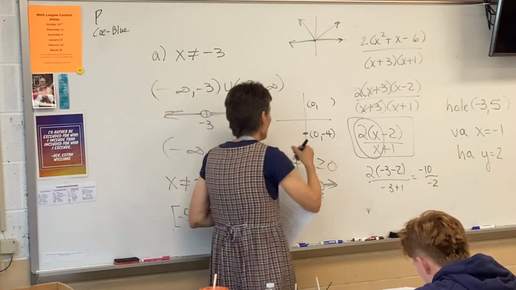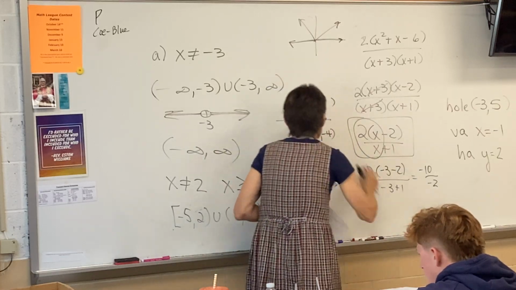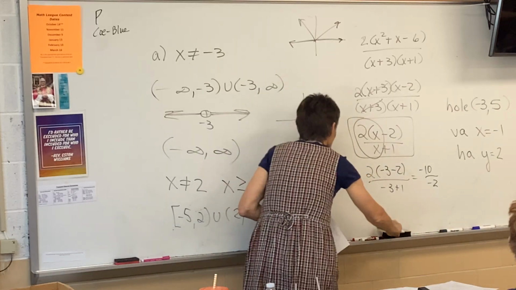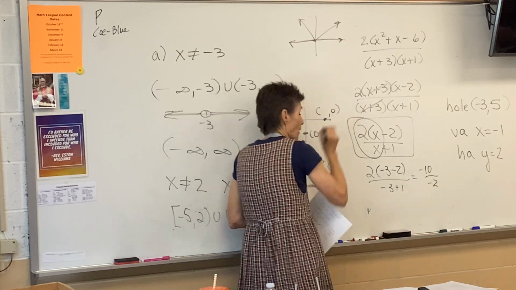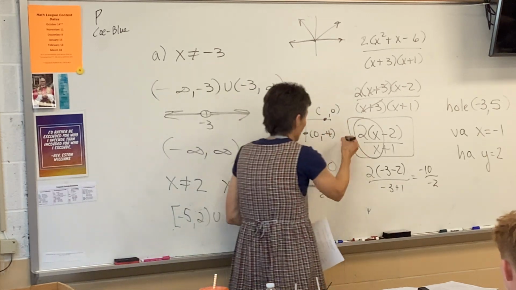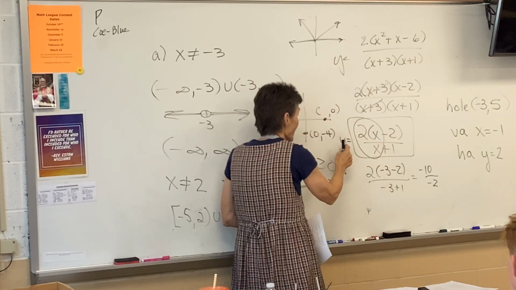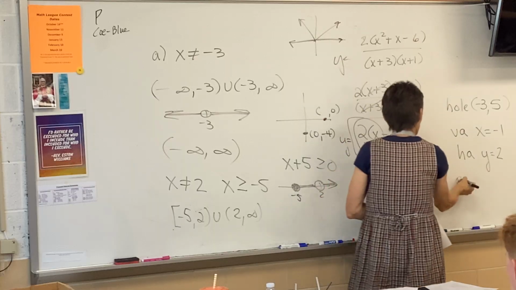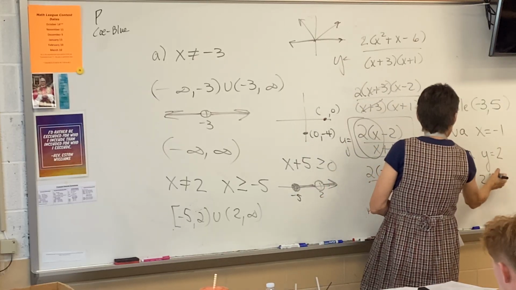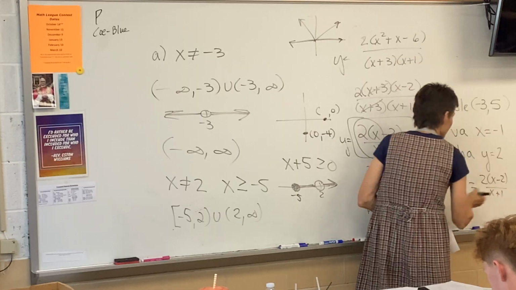Now, somewhere I cross the x-axis, and that means it's something, comma 0. So I'll let y be 0. I have 0 equals 2x minus 2 over x plus 1.